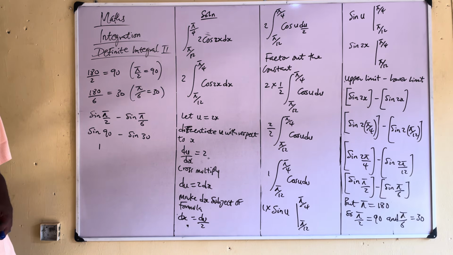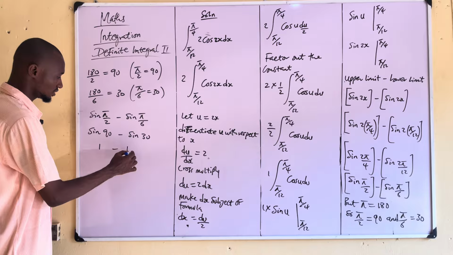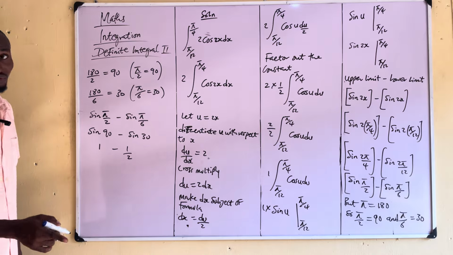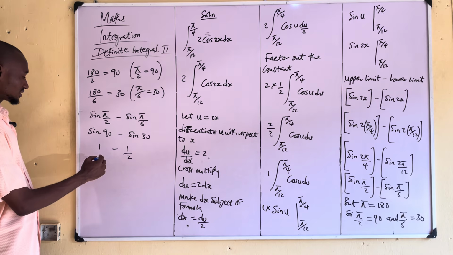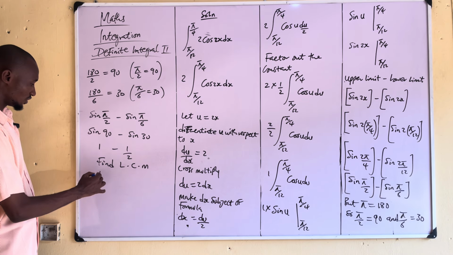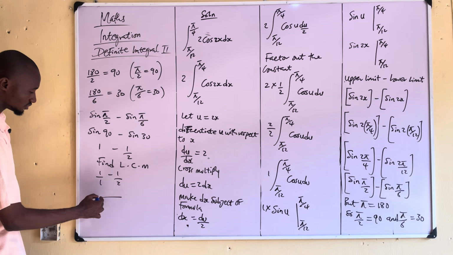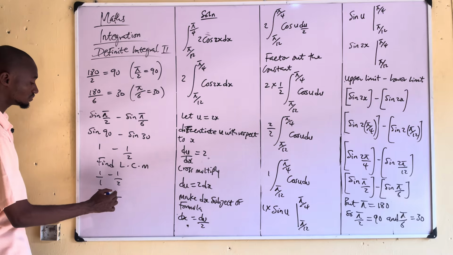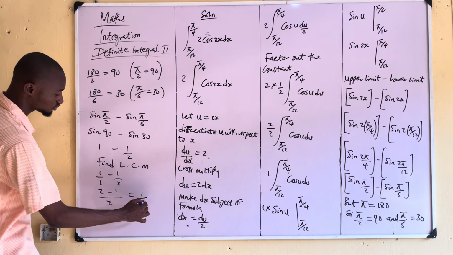Confirm that: 0.5 is 1 over 2. So what do we do? Find the LCM of 1 over 1 minus 1 over 2. The LCM is 2. 2 divided by 1 is 2, times 1 is 2, minus 2 divided by 2 is 1, times 1 is 1. You now have 1 over 2.